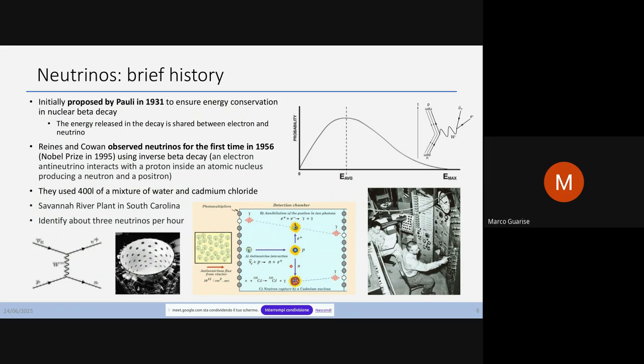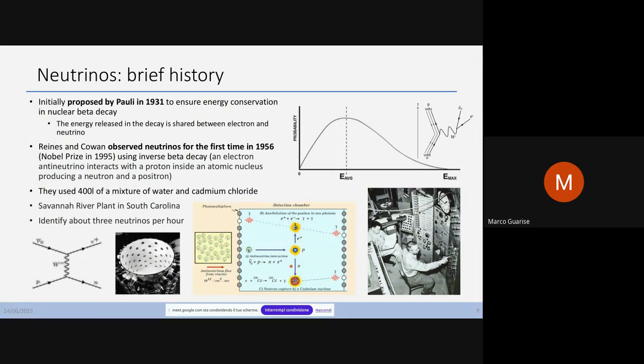But unfortunately for him, in the 50s, two guys, Reines and Cowan, discovered neutrinos with a detector, which is this one, placed nearby a nuclear power plant, exploiting the so-called inverse beta decay.